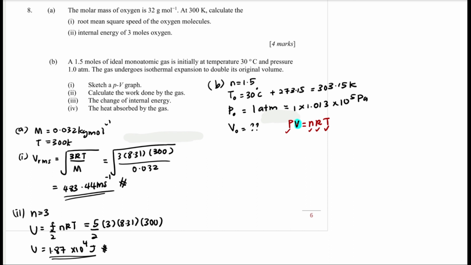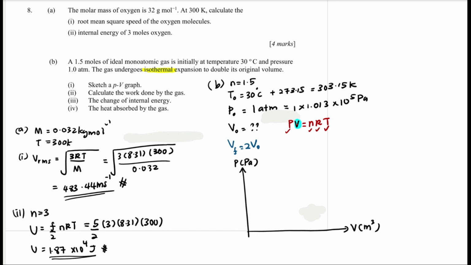Okay? So V final is given 2 times V0. So the process is isothermal process, constant temperature. So when you want to sketch the graph, remember, for the PV graph, make sure you have the unit here. And this one, which is V, must be in meter cube.